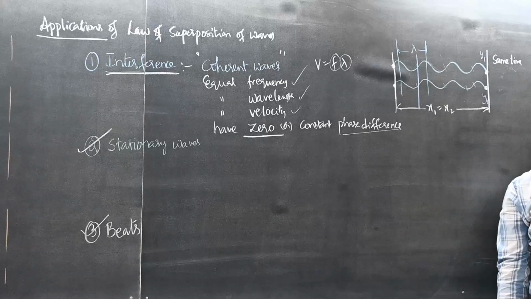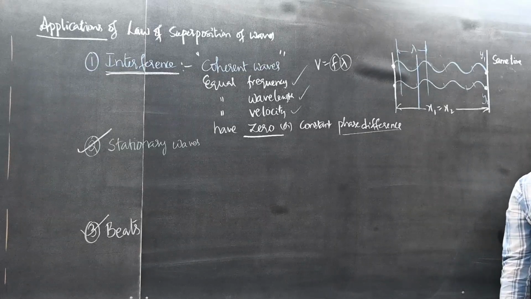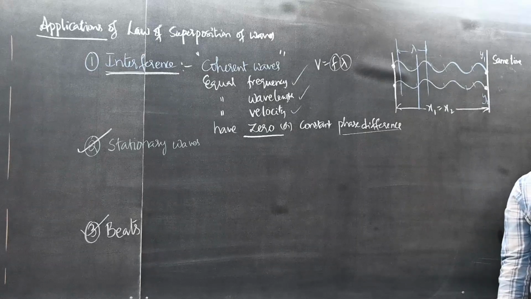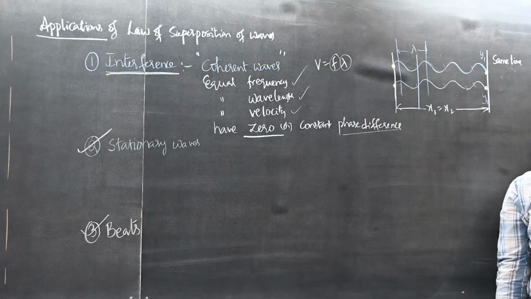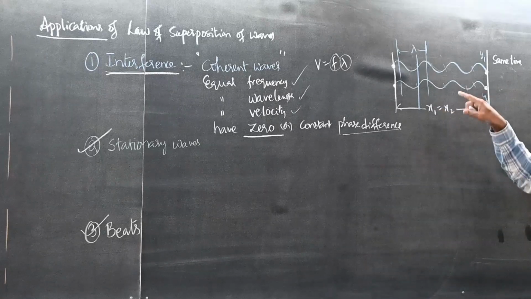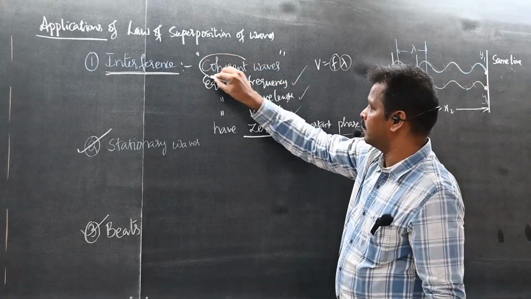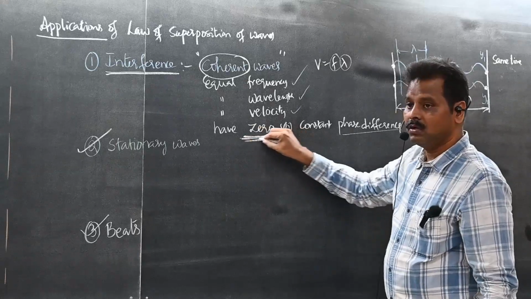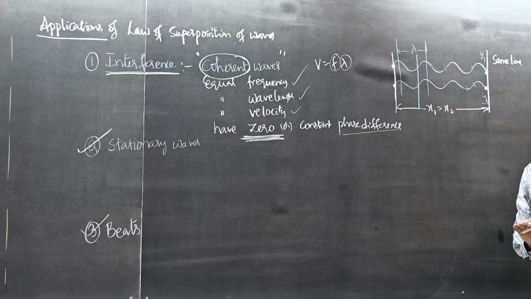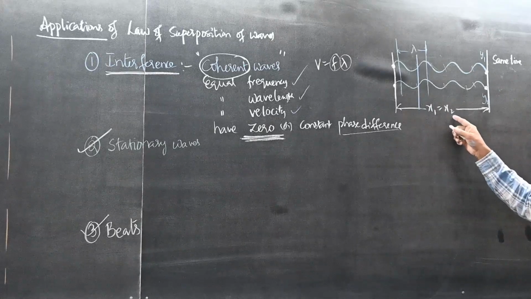So what is the distance traveled by you? Let us say 40 meters. What is the distance traveled by your sibling, your brother, your sister, your cousin, anybody? 40 meters only, because both are traveling together. If waves are traveling together, they will have zero path difference. So x1 is equal to x2.